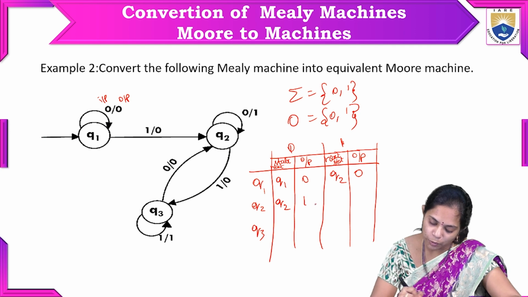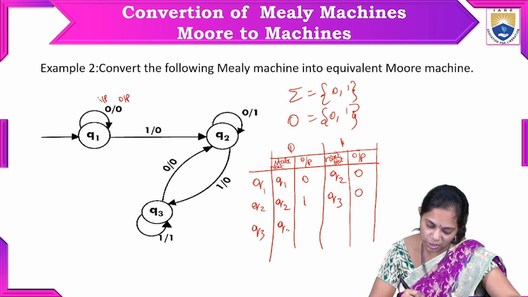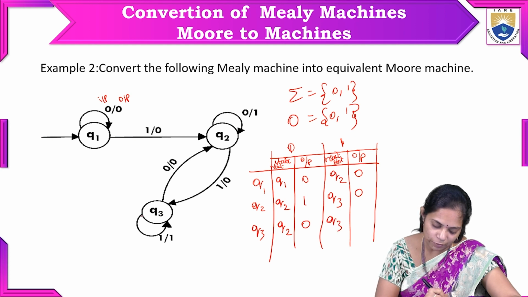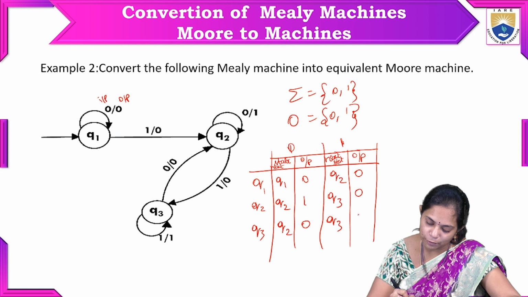And when we are giving the 1 as an input, it is going to Q3 and giving the output 0. And from the Q3 state, when we give 0 as an input, it is going to Q2 state with the 0 output. And Q3, 1 as an input, it is going to the self loop, giving the output 1.